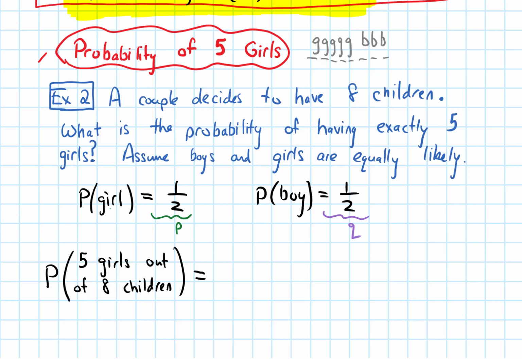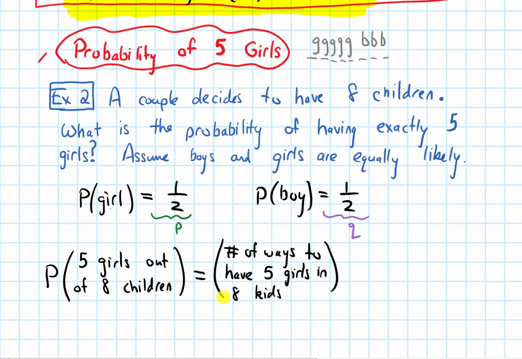So what we need to do is first count the number of ways to have 5 girls in these 8 kids, the different orders that we could have that give us the result of having 5 girls. And each of those results will have the same probability.